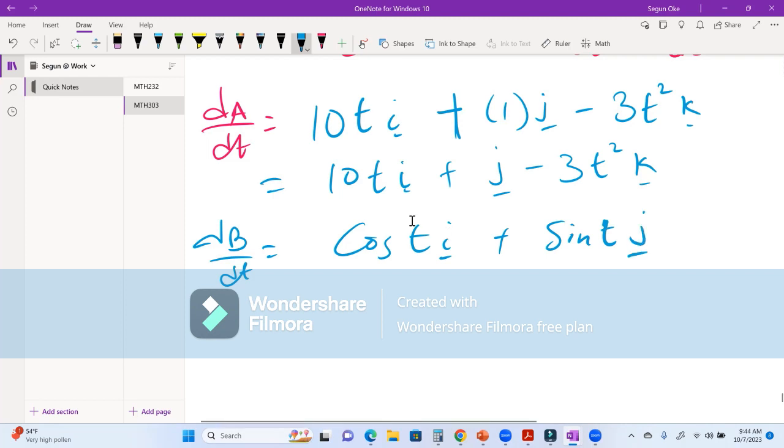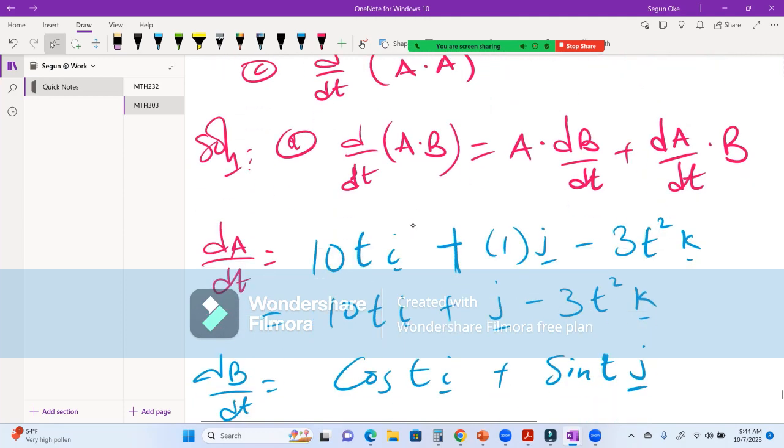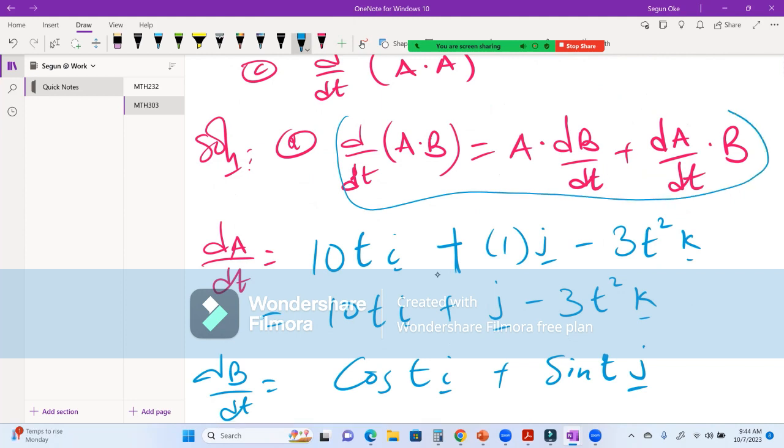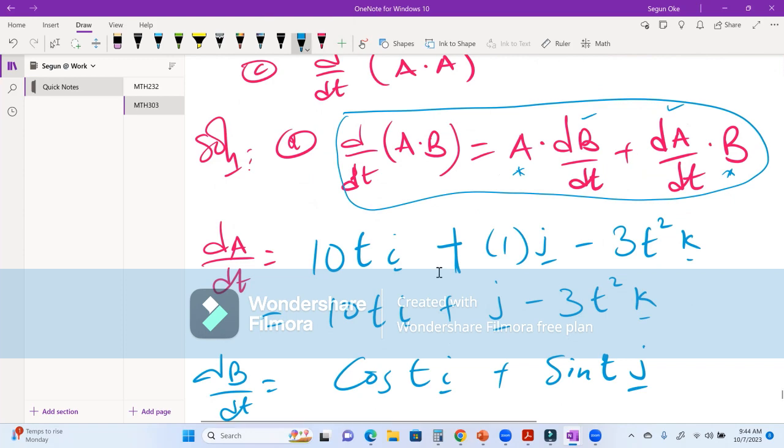So don't forget our definition. This is the definition for the question you are given to solve. We have this now, we know this, so all we need to do is multiply. Don't forget, you don't just multiply, you need to do the dot product.